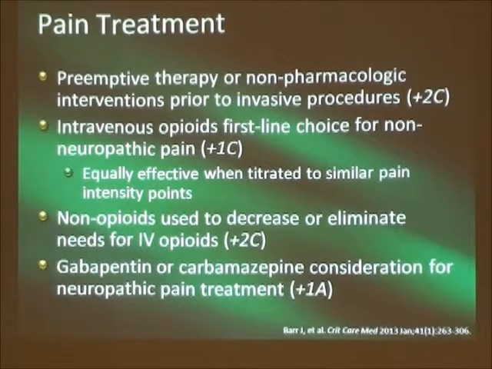Non-opioids can be used to decrease or even eliminate the use of IV opioids. So where does this come into play? Your NSAIDs, where they're appropriate. Now, NSAIDs were somewhat limited in our populations here because of acute kidney injuries, chronic renal insufficiencies, GI bleeds, so on and so forth. But acetaminophen can come into play. There's a reason why drugs like Percocet are marketed, right?